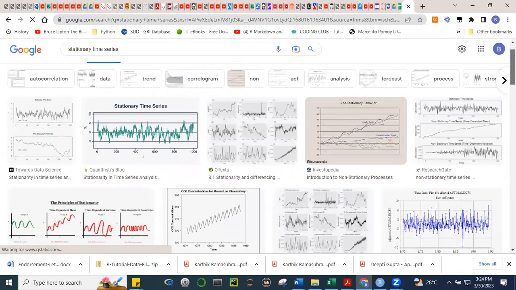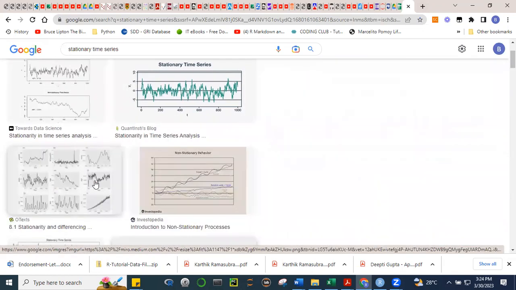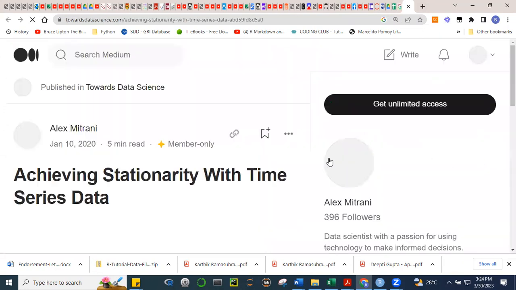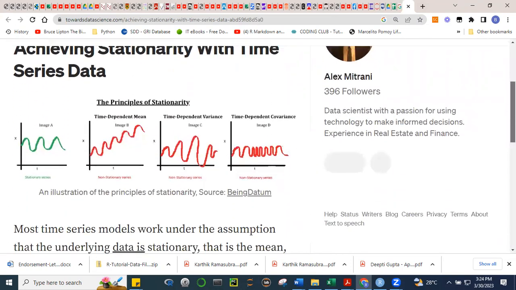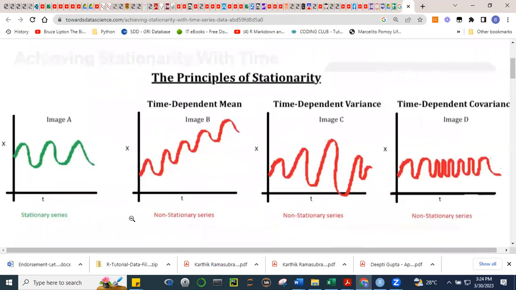So maybe let's take a look at images. All right. If you take a look at this, let's use this. This is a good diagram. Let's visit this. Achieving stationarity with time. All right. So this one, you have this plot. This is a stationary series. So what sets a stationary series apart from a non-stationary series?